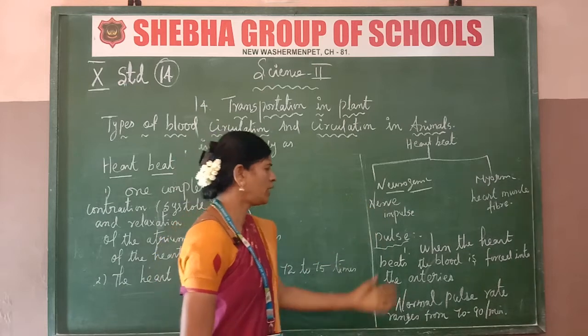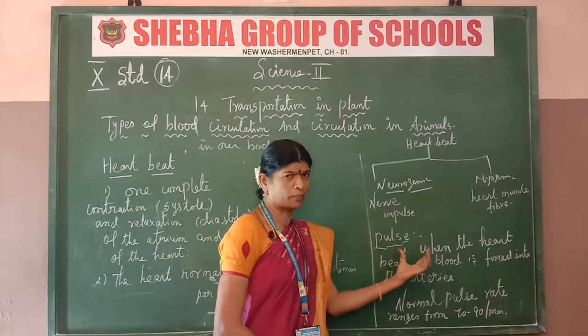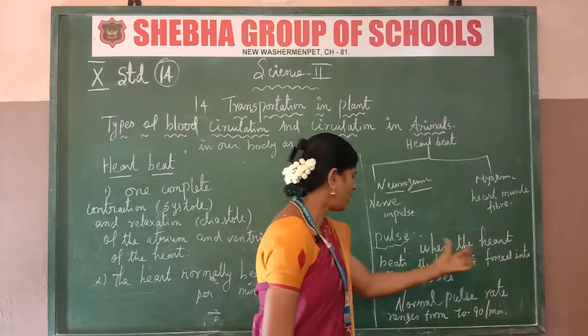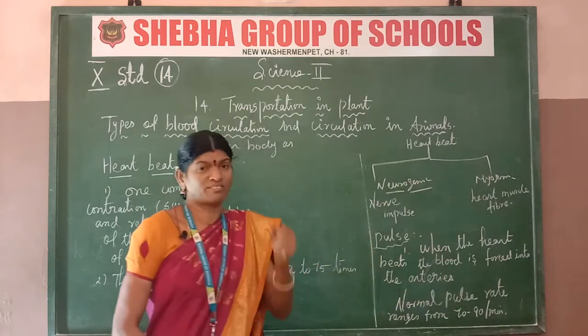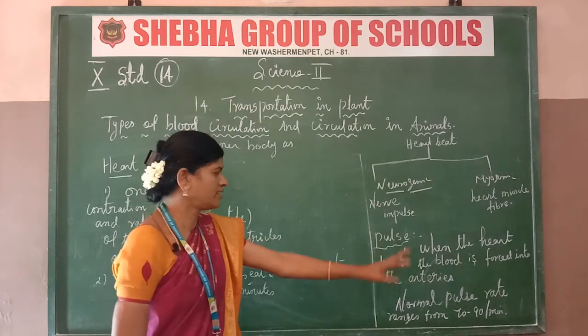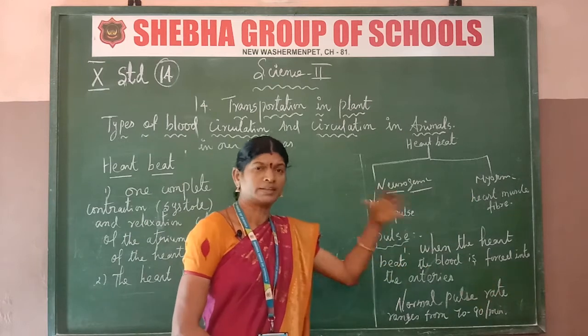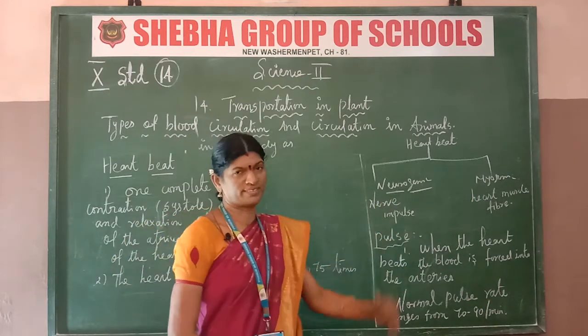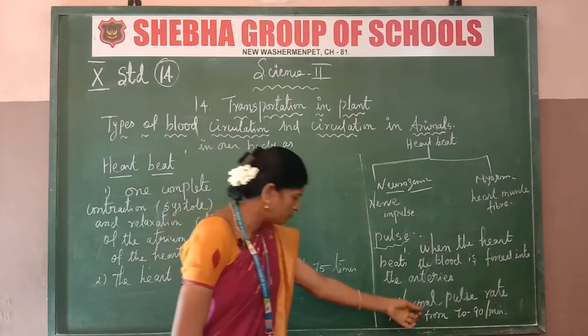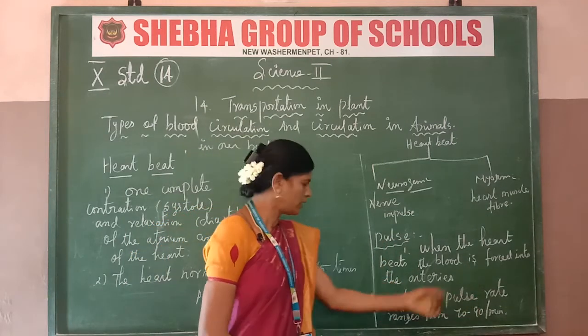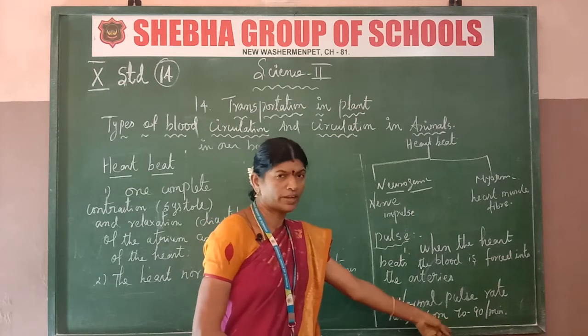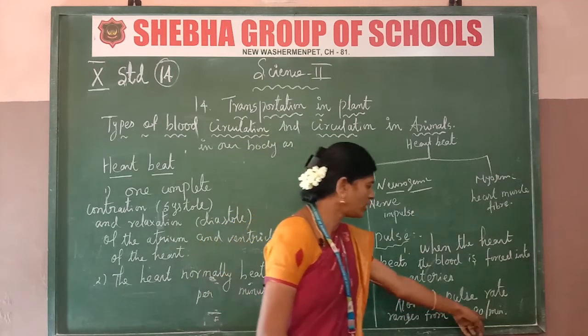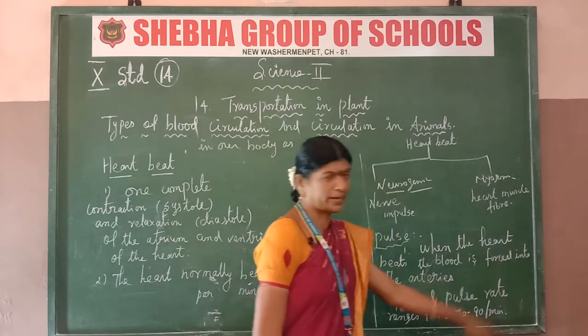Next we are going to the pulse. You know the pulse. When the heart beats, blood is forced into the arteries. That is called the pulse. The normal pulse rate range of the human body is 70 to 90 per minute.